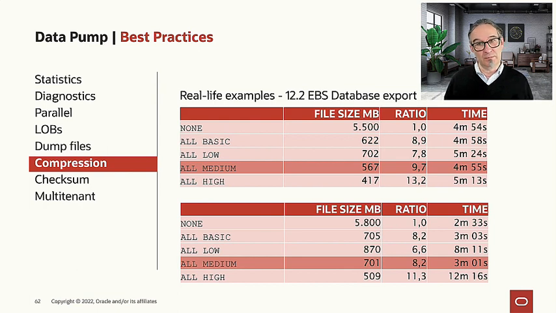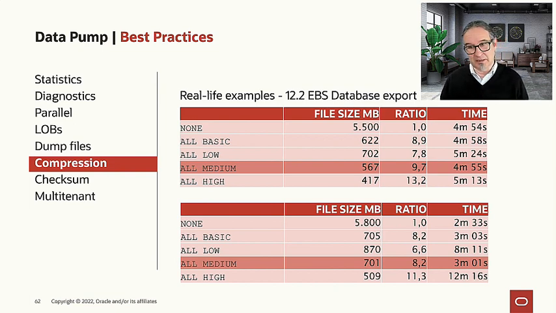With all low, a little bit bigger, not smaller. And all medium then balanced actually best in terms of how long did it take? 4 minutes, 55 seconds. What was the ratio and the size of the dump file? So it balances in most cases the best.